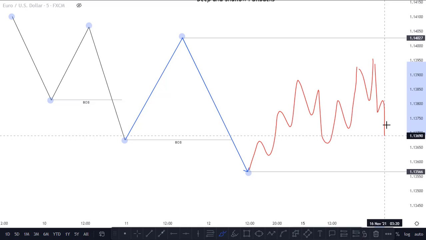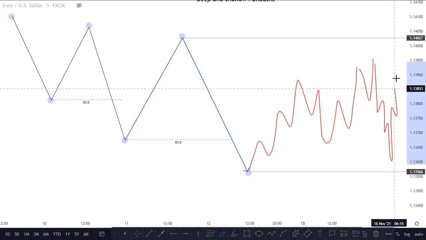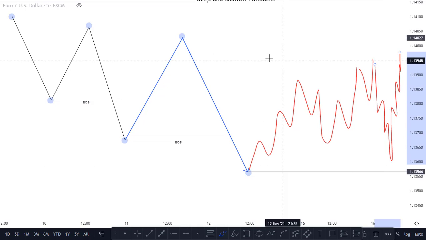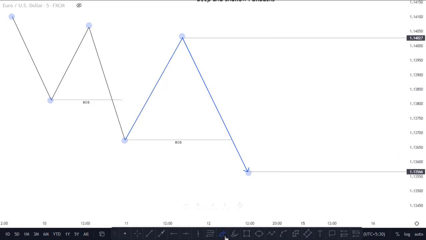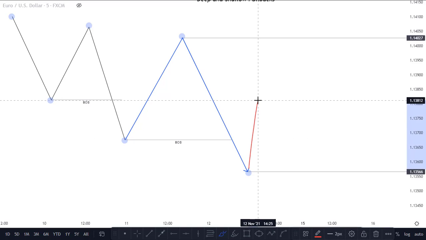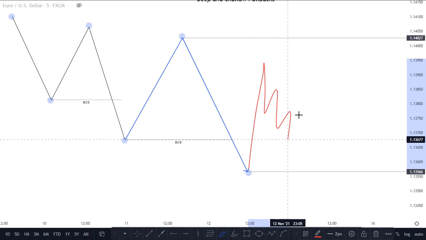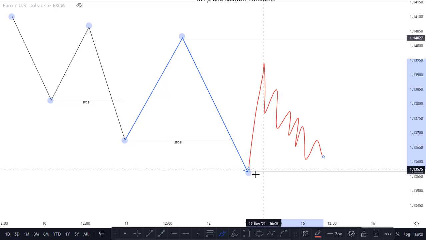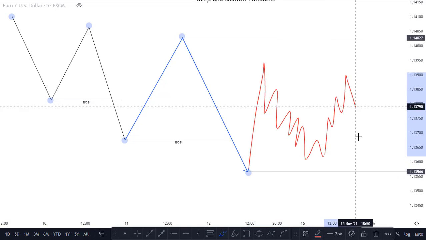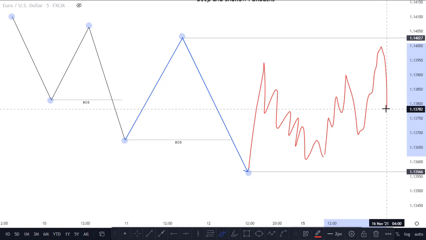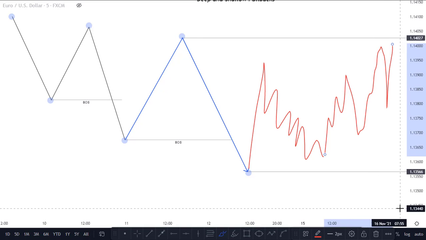Whether it is a downtrend forming inside here, whether it is an uptrend forming inside here, we are still in a bearish market. Whether the market goes here and starts creating a downtrend, we don't care. We are still in a pullback because we are still trading in our range. The market has the right to come back to this area before selling all the way down.